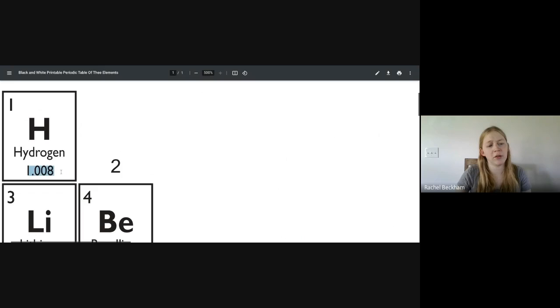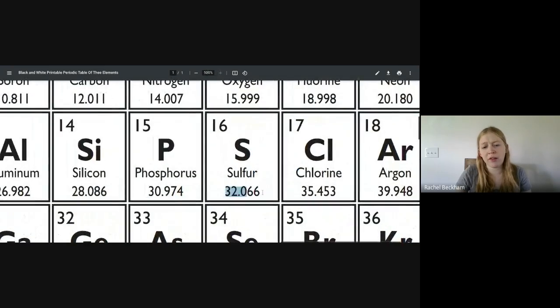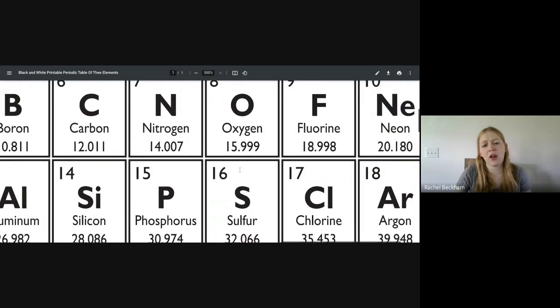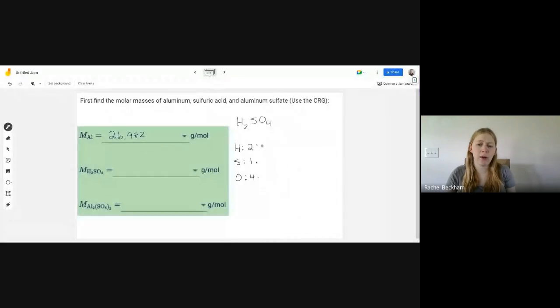It's 1.008. So let's just make that 1. S's molar mass is about 32 or 32.1. And then O is about 16. Okay, so I'm just going to do 1, 32, and then 16 to make it easier.